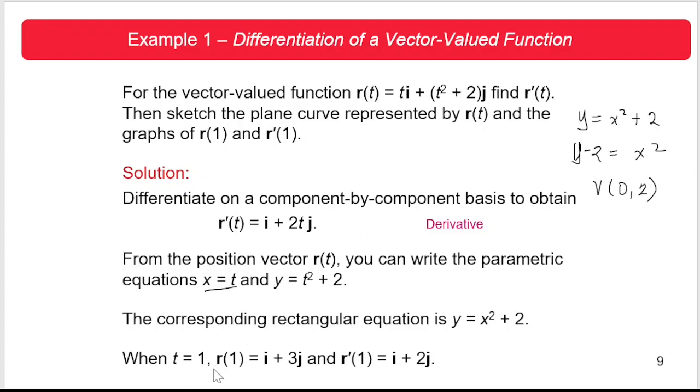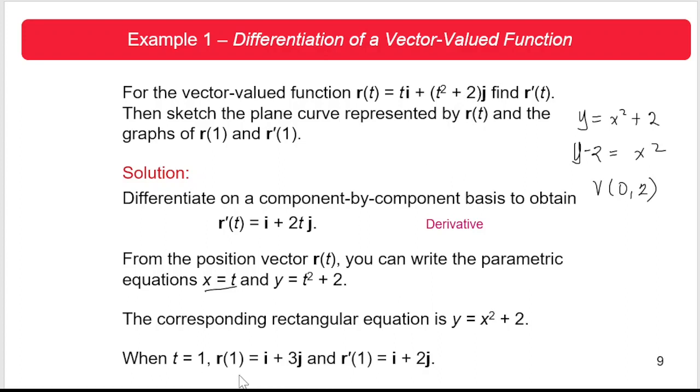And then when t is equal to 1, the specific vector can be obtained by substituting the value of t into the given vector valued function. So you have r of 1 equals t i, where t is 1, so you have i, plus 1 squared is 1, plus 2, so you have 3j.